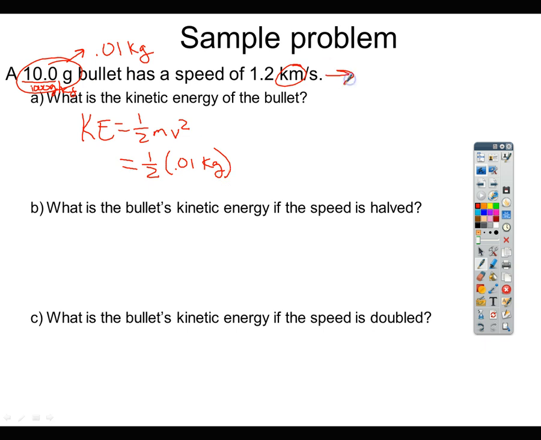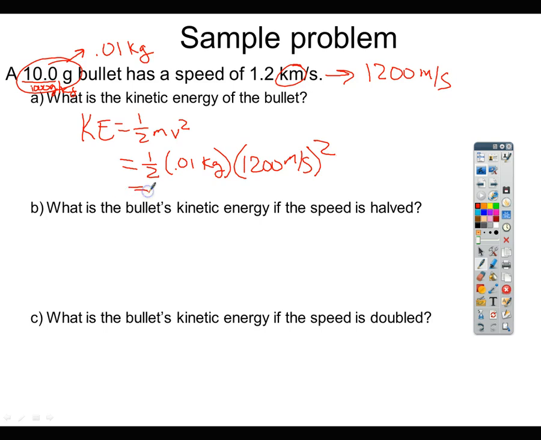If you do that, you basically just multiply times 1,000, so that'd be 1,200 meters per second would be our speed, and this is 1,200 meters per second. Make sure you square your speed. Lots of people forget to do that too. If you multiply the two together, we should end up with our kinetic energy.